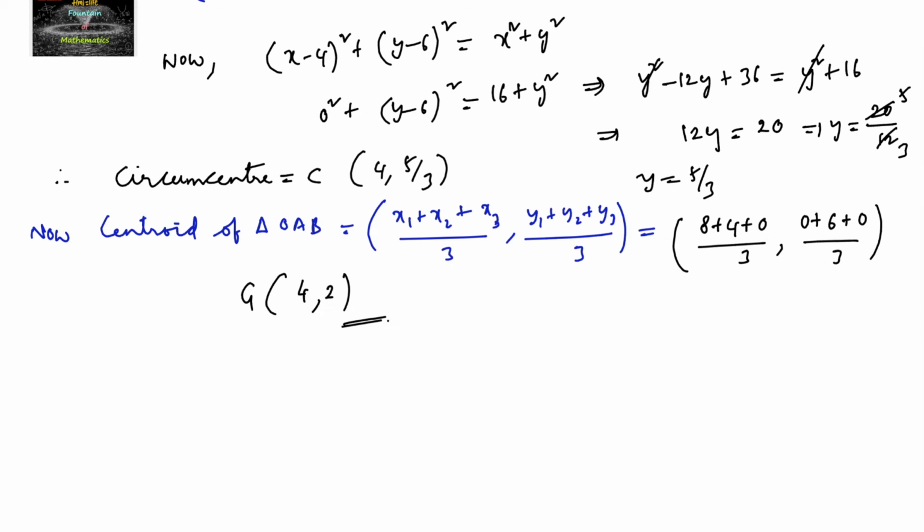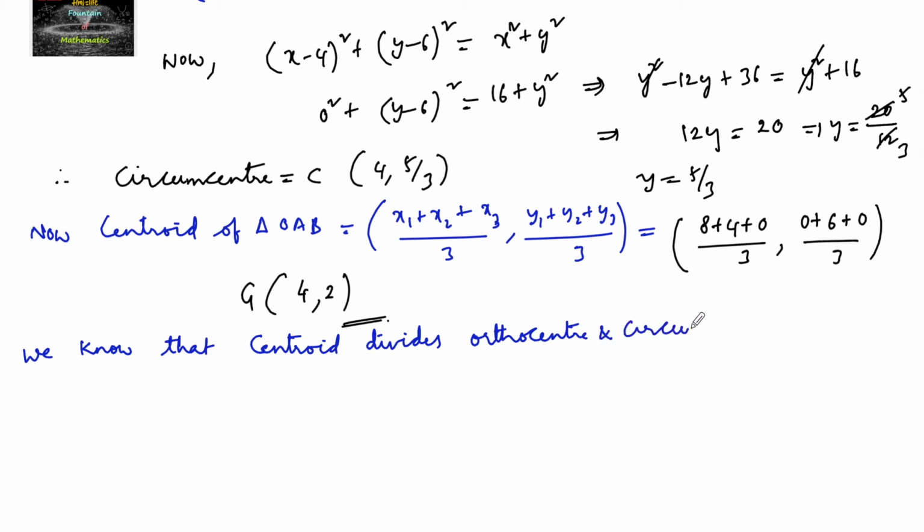And now we know that the centroid divides the orthocenter and circumcenter in the ratio 2:1.